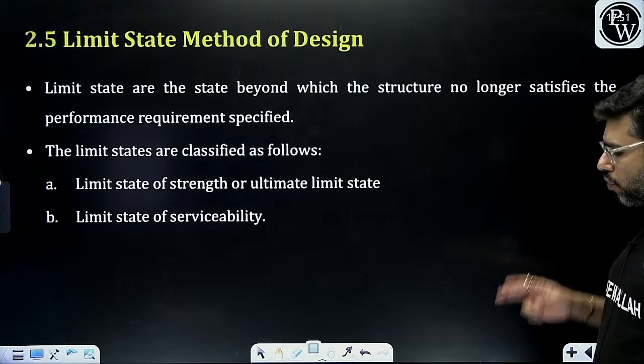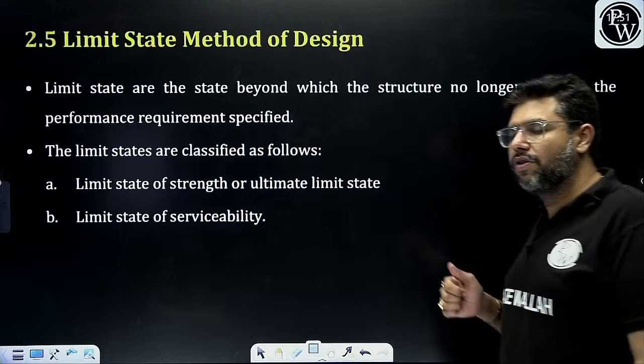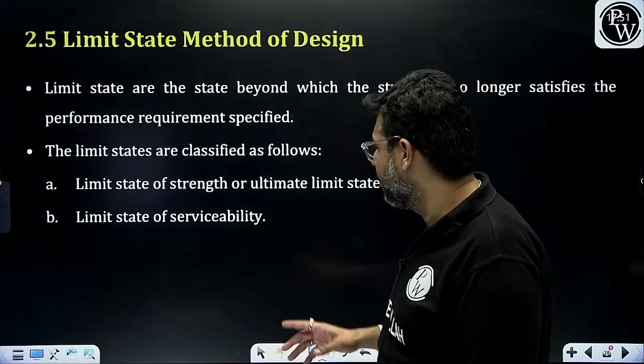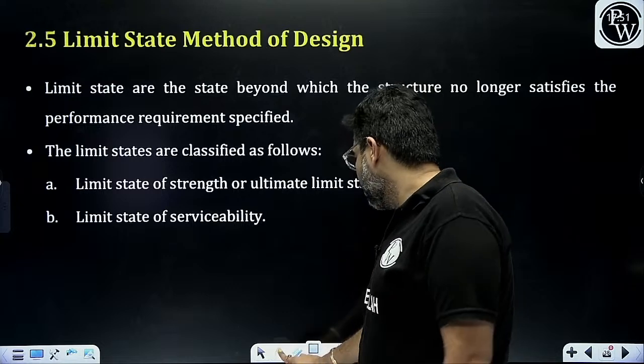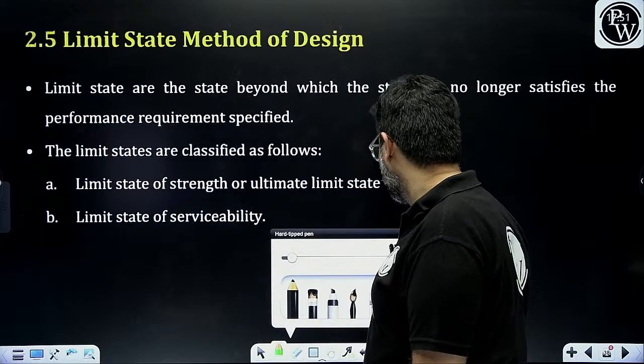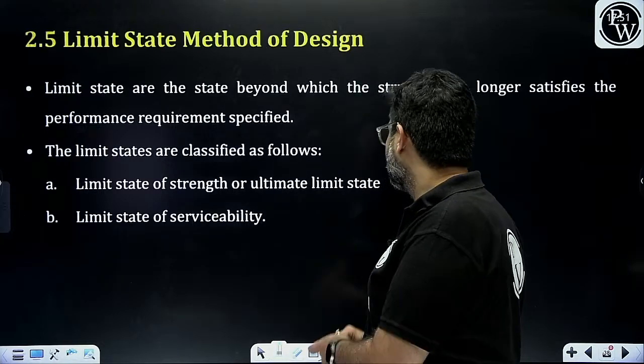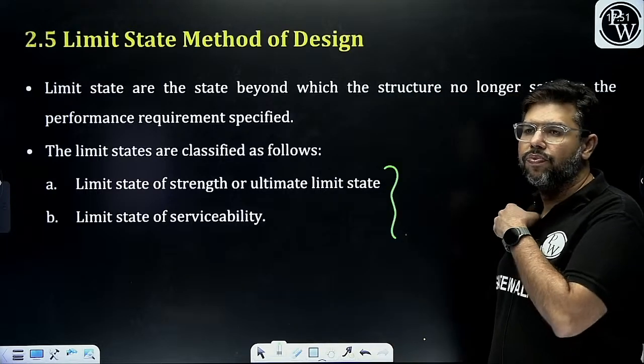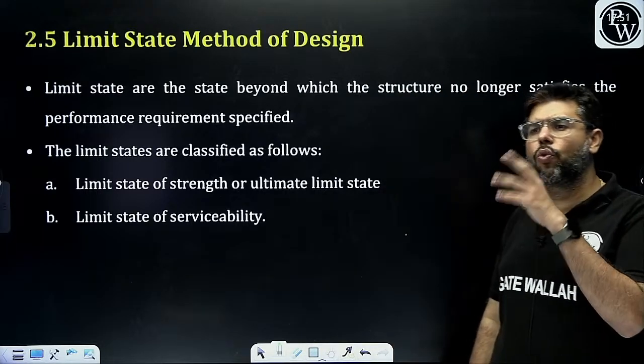See, there are two types of limit state now. One is the ultimate limit state and the second is the limit state of serviceability. This all you have heard. If you had heard, please let me know, then I will skip this part, because this part is already covered in RCC as well. Have you heard there are two types of limit state?